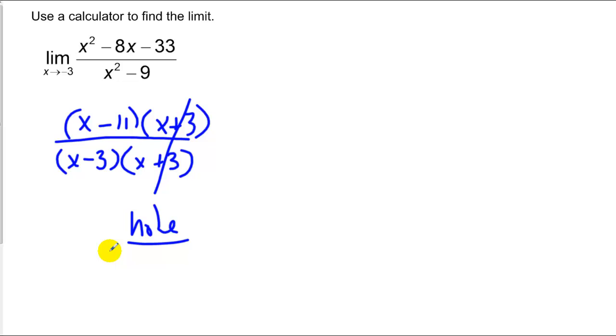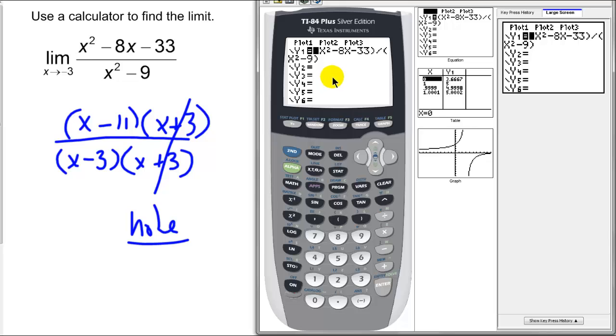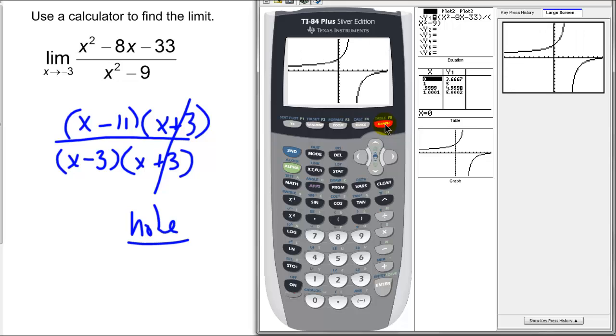So now, if we take a look at this on a calculator, you'll see the following. I've plugged in the function so that my numerator's in parentheses and my denominator's in parentheses, pre-factoring. When we graph it, we notice that indeed there's an asymptote, but only an asymptote at -3.